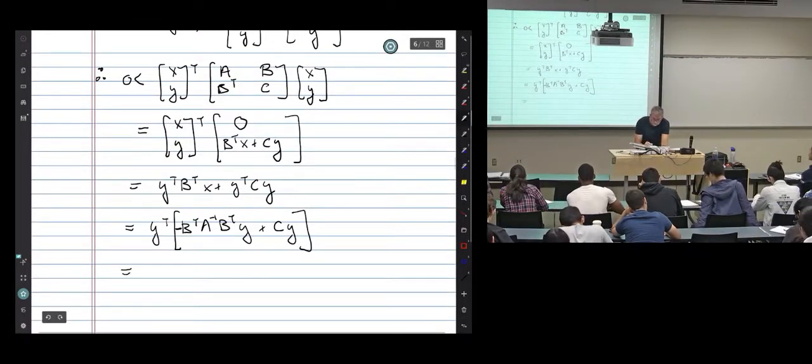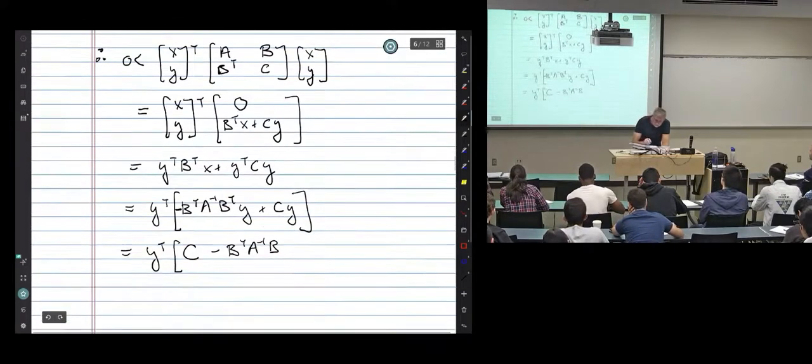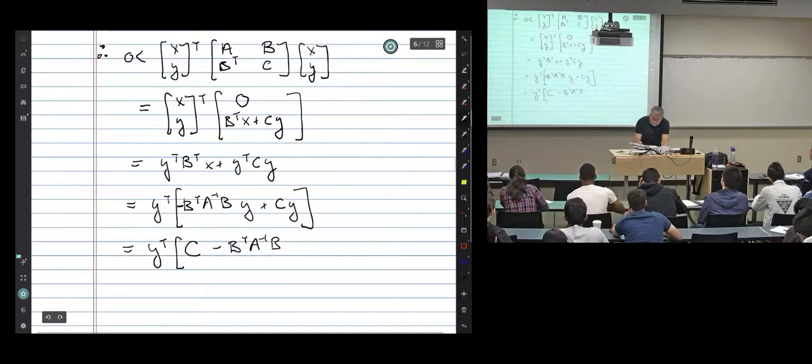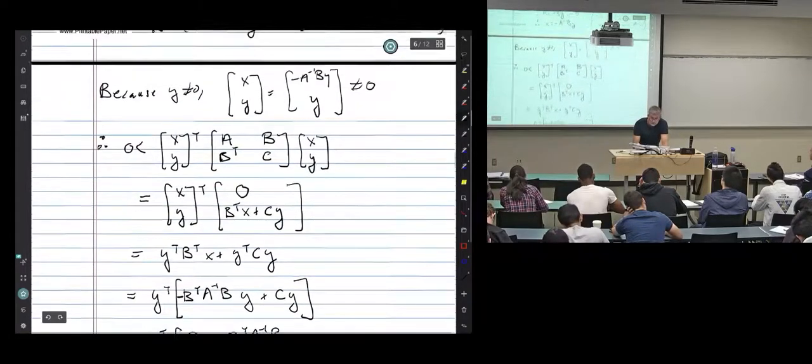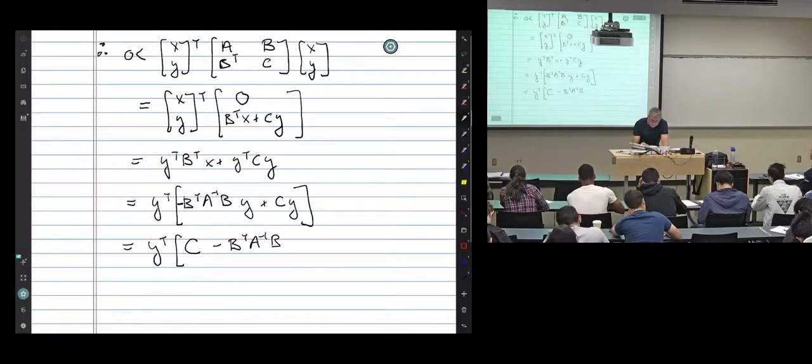And I'm almost there. So here's y transpose. Take the c out front, it doesn't change anything by the order. Well, I can't have b transpose in both places. There's no transpose here. Substitute in. x is a inverse b with a minus sign.